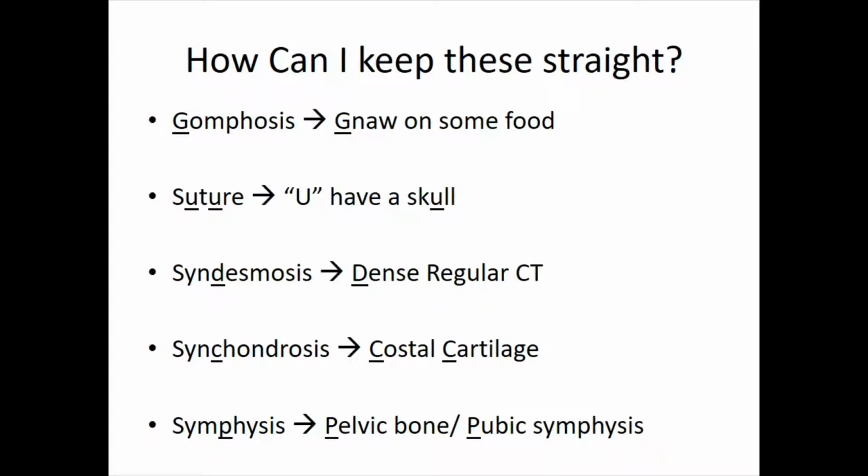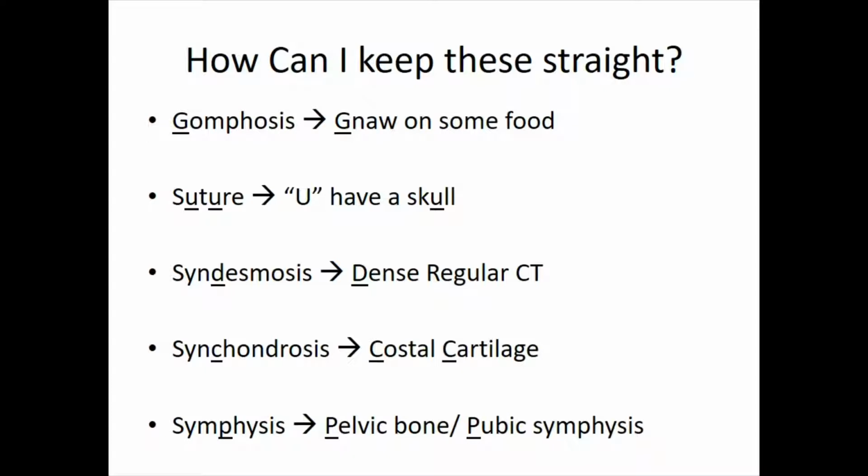So how can I keep these straight? Well, with gomphosis, I want to think about maybe, oh, we're gnawing on some food. Suture has lots of U's in it. Skull also has a U in it. These all start with the S-Y-N. So D, syndesmosis, dense regular connective tissue.